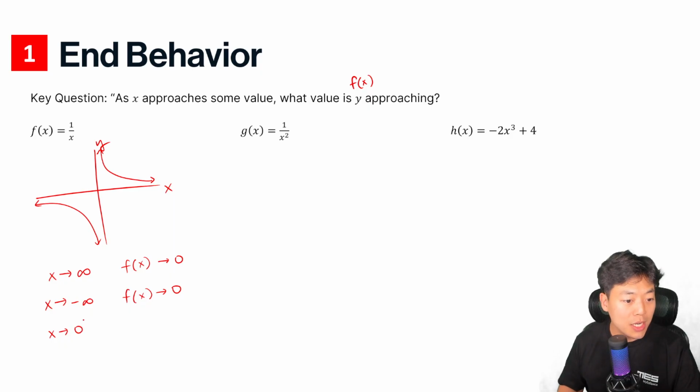As x approaches 0 from the right side, so we use this little positive symbol here, kind of looks like an exponent, my y values are headed upwards towards infinity. And as x approaches 0 from the left side, meaning from the negative direction, my y values approach negative infinity. So this is kind of what end behavior gets us to.